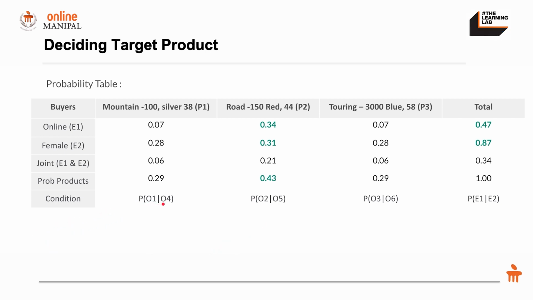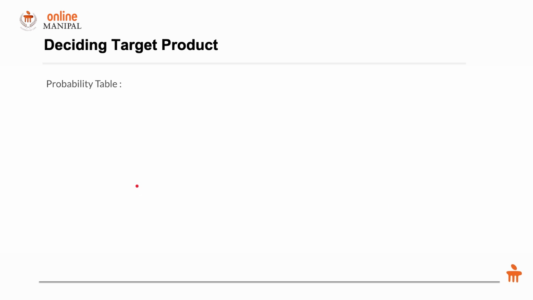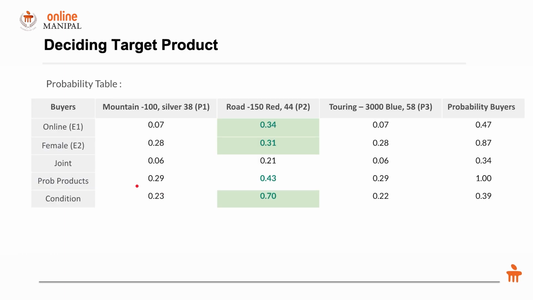It is the probability of the intersection divided by the probability of the main event. In this case, probability of E1 intersection E2 for product 1 divided by the probability of product 1, outcome 1. Plugging in the calculations, the conditional probability comes out to be 0.23 for product 1, 0.70 for product 2, and 0.22 for product 3.